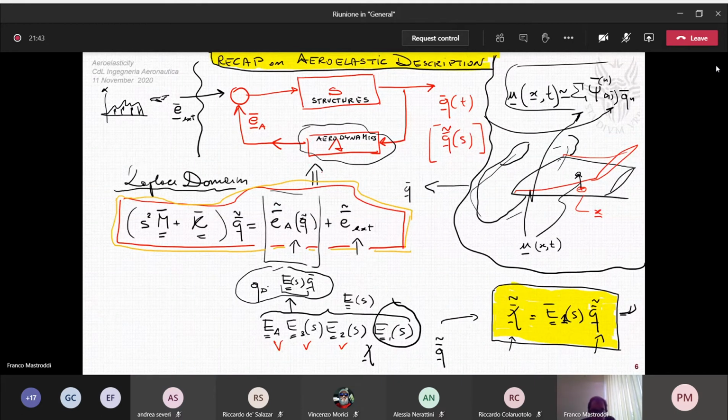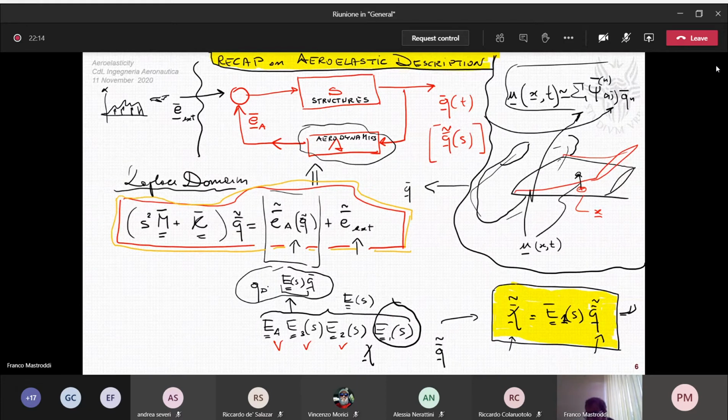We have essentially a feedback here given by the aerodynamic force, taking into account the deformation of the aircraft structures, and then we have modeled this feedback, decomposing the aerodynamic feedback in 4 parts, and we are actually studying the last sub-operator, E1.